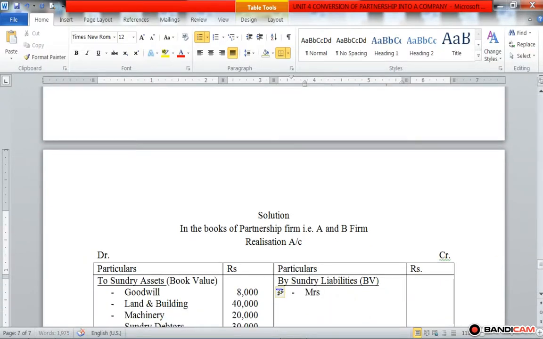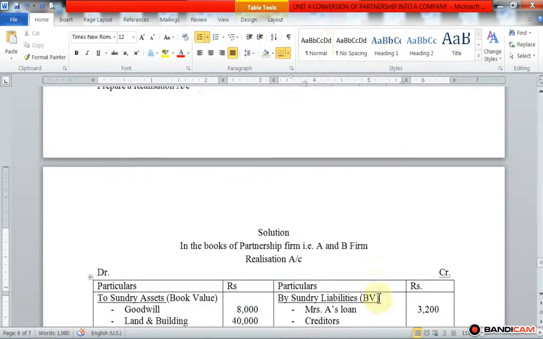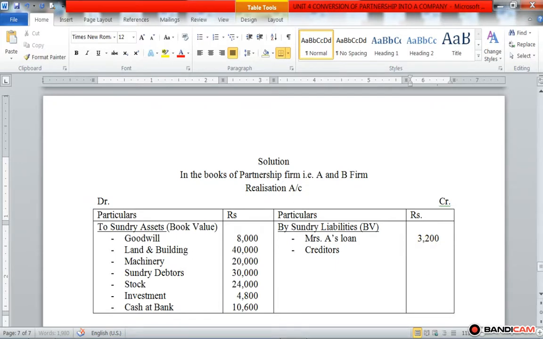So here Mrs. A's loan amounted to rupees 3,200. Then next, sundry creditors is given. The amount of creditors is rupees 21,600.